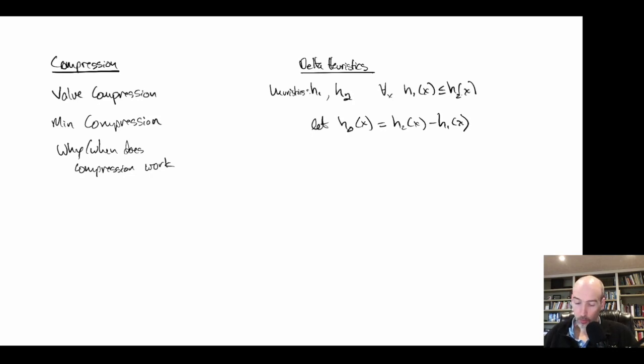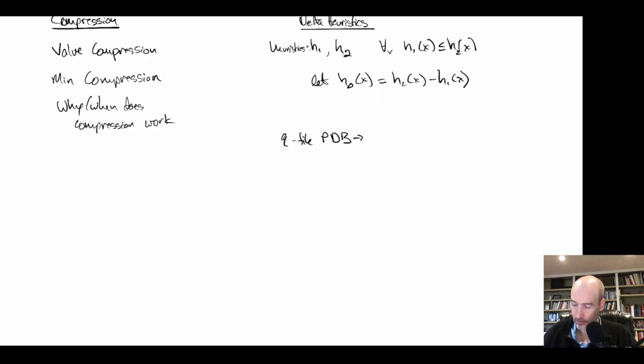Okay, so let's look at value compression first. Value compression comes back to our previous table. The 9-tile straight PDB had 39 possible values.